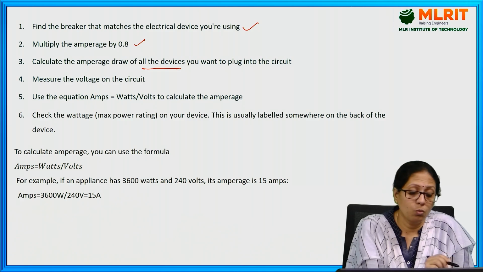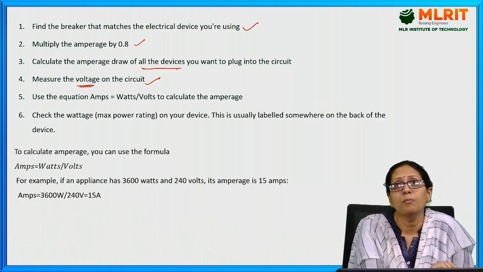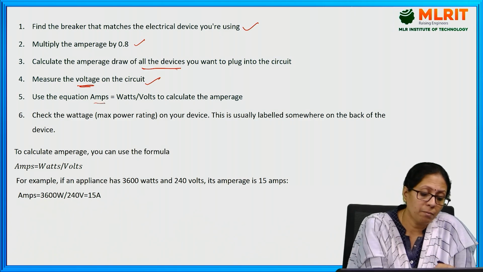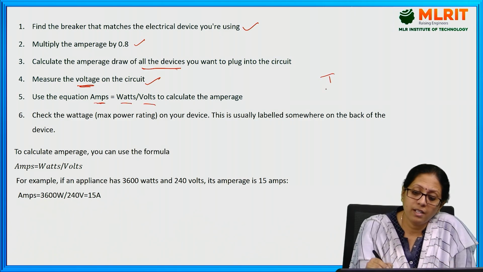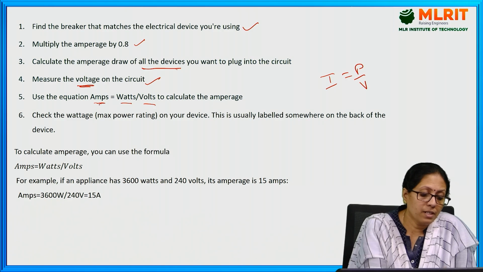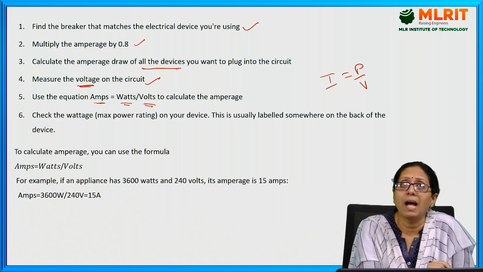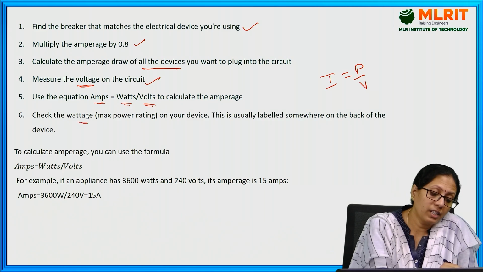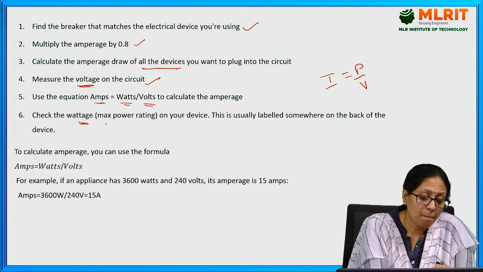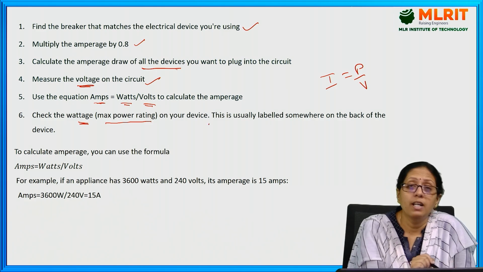Measure the voltage on the circuit. Use the equation amperes is equal to watts by volts, because current is equal to power by voltage. So amperes is equal to watts by volts to calculate the amperage, and check the wattage, that is the maximum power rating on your device.